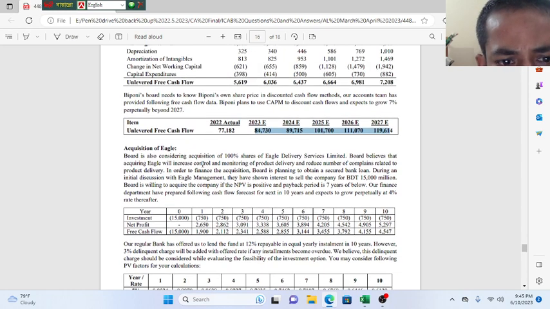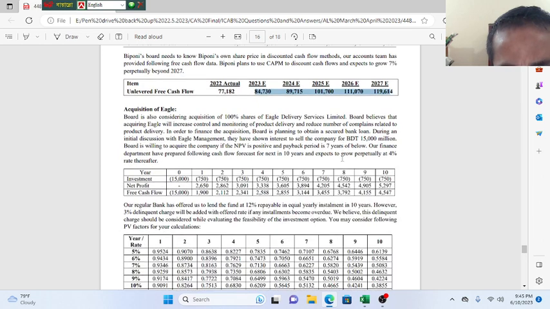Evaluation of Eagle. Biponi is also considering 100% of the shares of Eagle delivery service. So they have to take a loan of 15,000, and the investment is also 15,000, with further investment up to 10 years, and free cash flow.